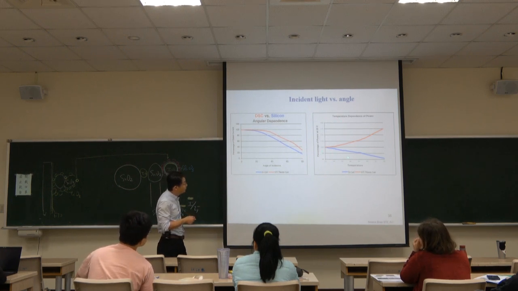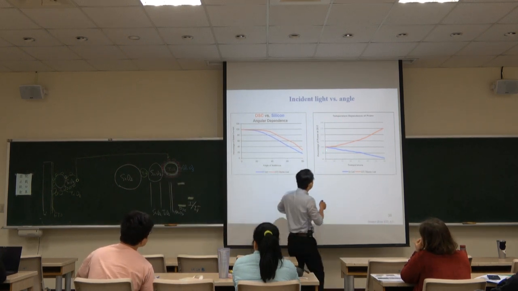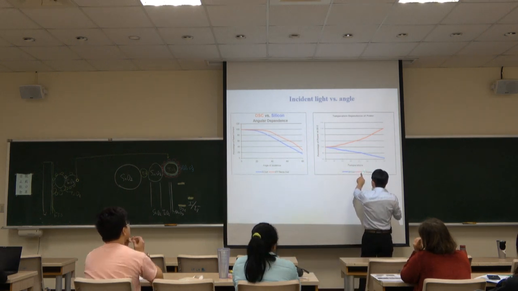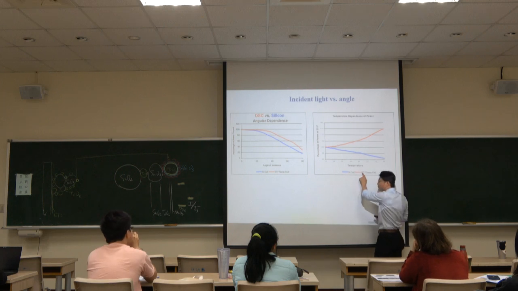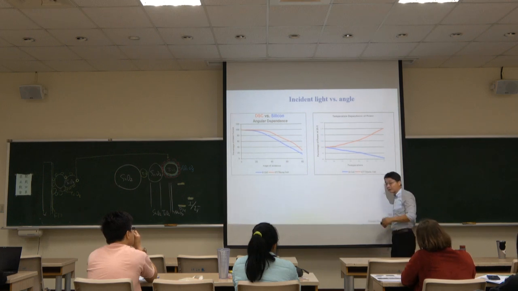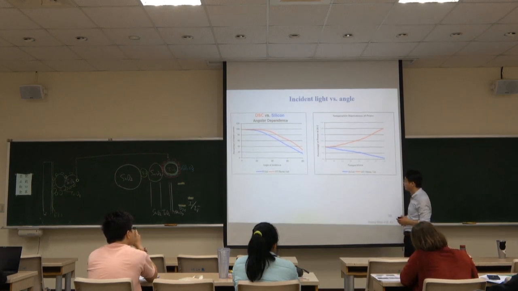So therefore, you can see on the right-hand side, if the temperature increases, the blue color is the silicon cell. STI is an institute in Australia, a solar research institute. They use the titanium dioxide solar cell, that means the DSC, for the red color.